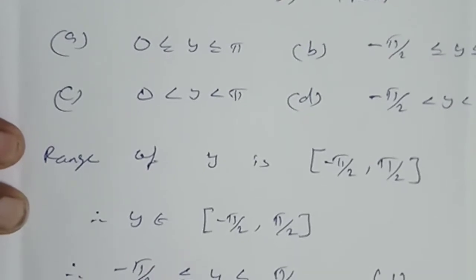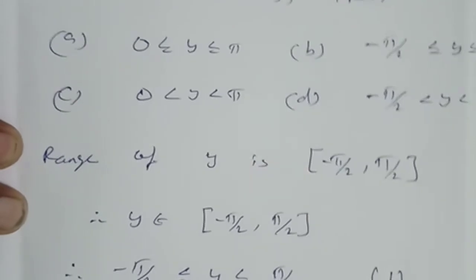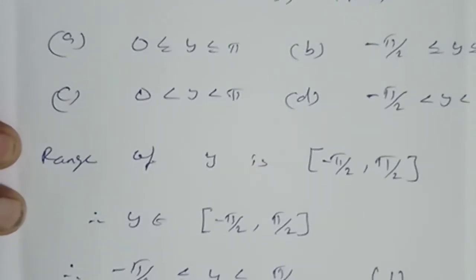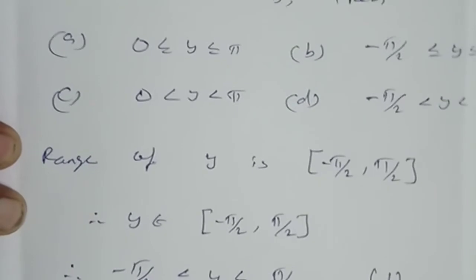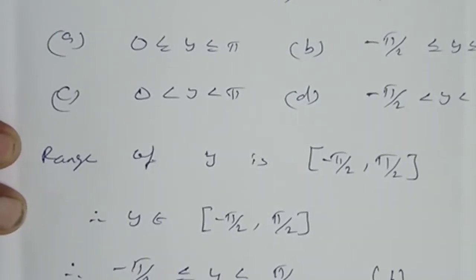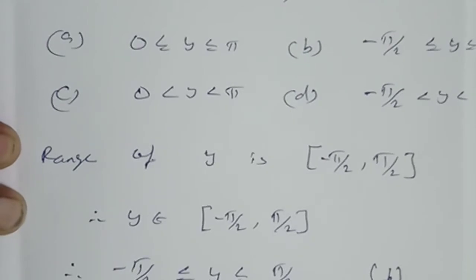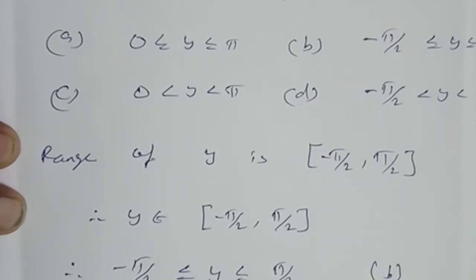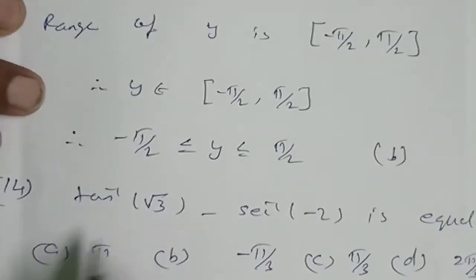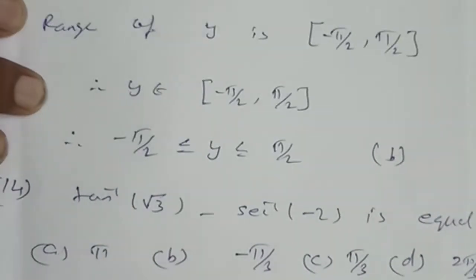The 14th problem. Tan inverse root 3 minus secant inverse of minus 2 is equal to: option A, pi; B, minus pi by 3; C, pi by 3; D, 2 pi by 3. First find the values of tan inverse root 3 and secant inverse of minus 2 separately.